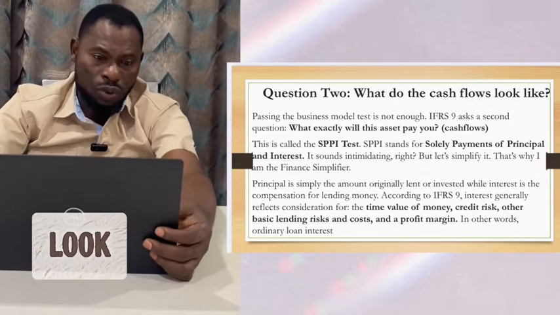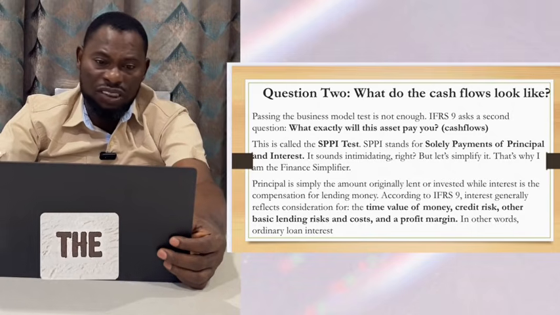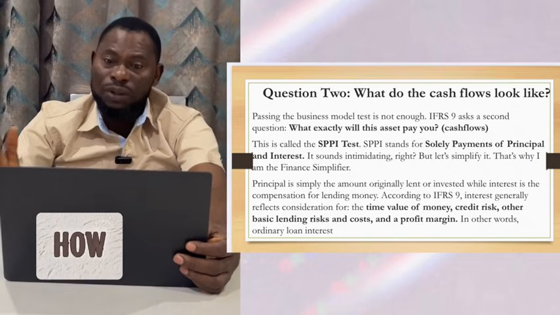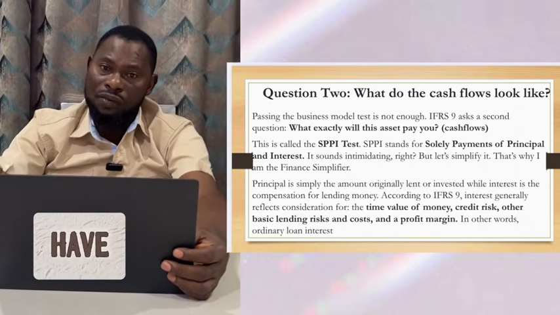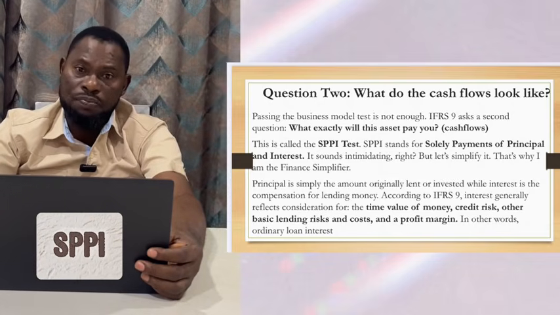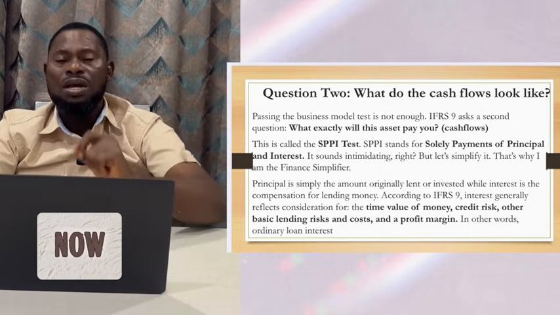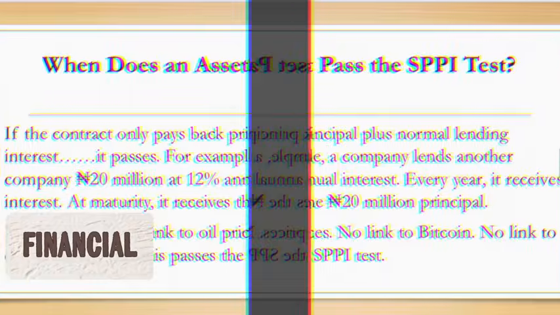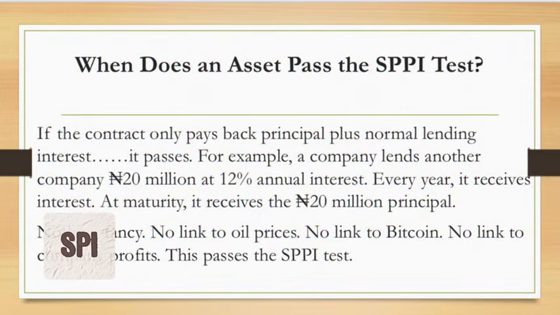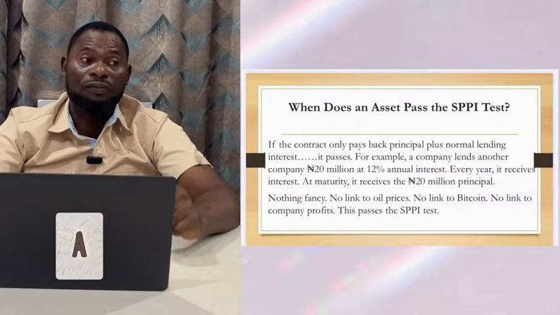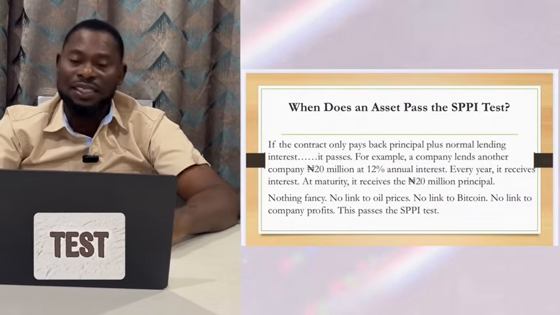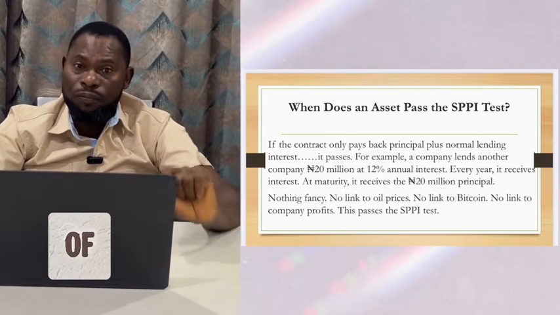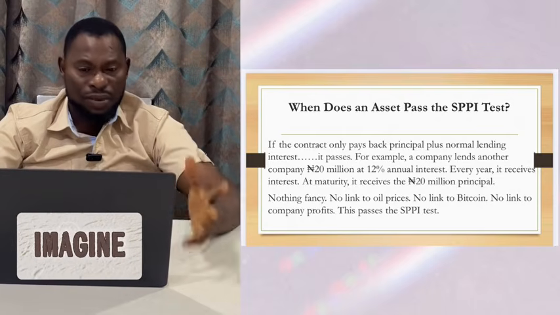Okay, so now let's look more deeply into the second question, which is the SPPI test. To know how the cash flows look like, you have to carry out the SPPI test. Now, how do you know that a financial asset has passed the SPPI test? As I said, SPPI is solely payment of principal and interest. So imagine this.